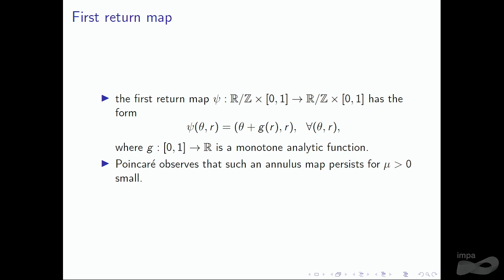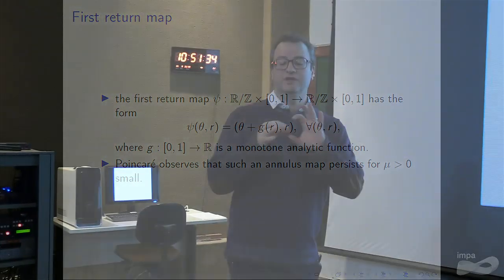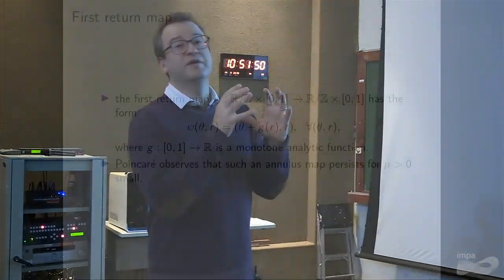And so the construction of Poincaré is the following. These periodic orbits, the retrograde and direct orbit, are in general non-degenerate. So if you consider mu greater than 0, then it's possible to show that the flow is a smooth perturbation of this rotating Kepler problem.